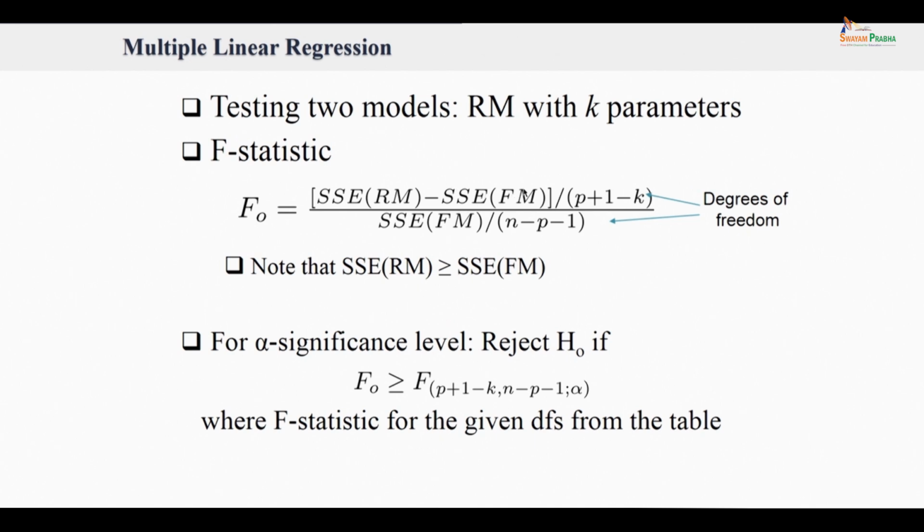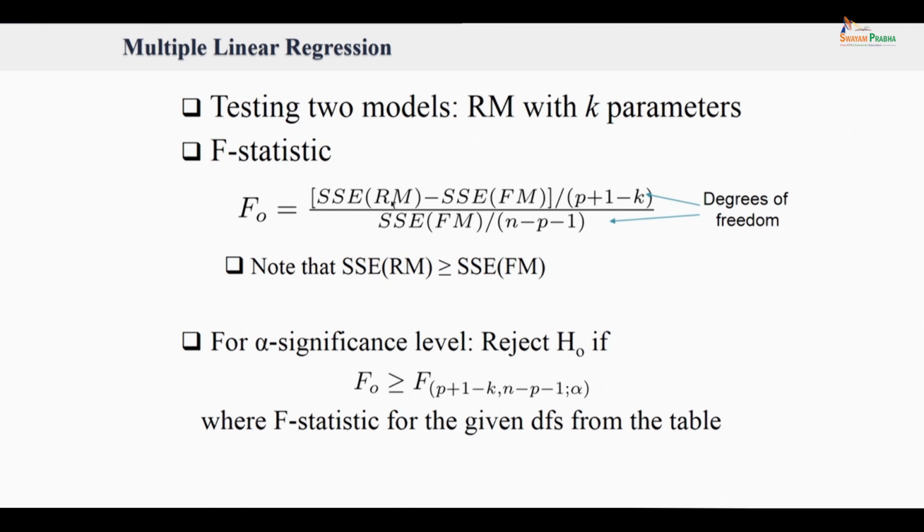So when we want to compare whether we want to accept the full model as compared to the reduced model, what we do is take the difference in the sum squared errors. Remember, the sum squared errors for the reduced model will be greater than the sum squared errors for the full model, because the full model contains more parameters and therefore you will get a better fit.